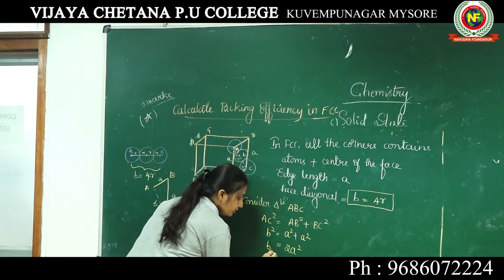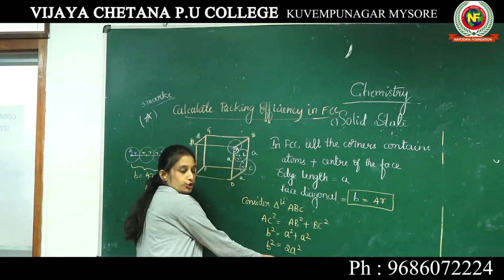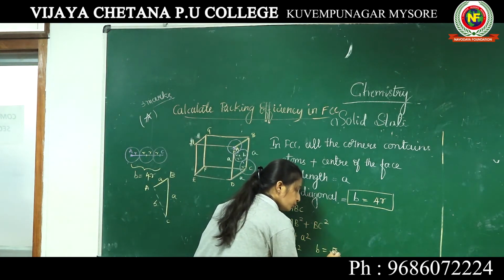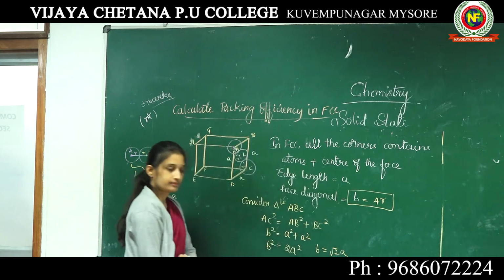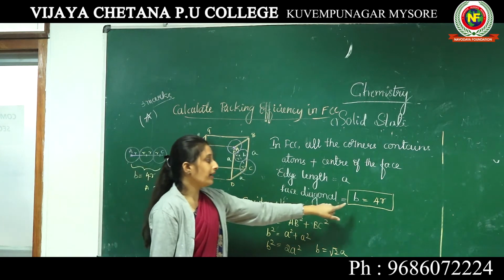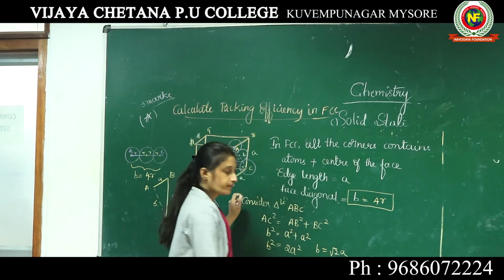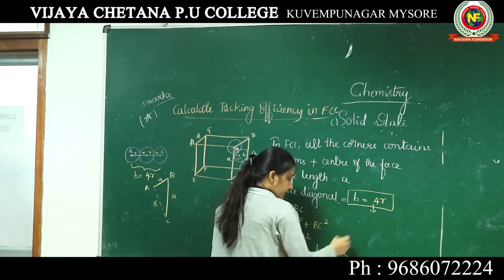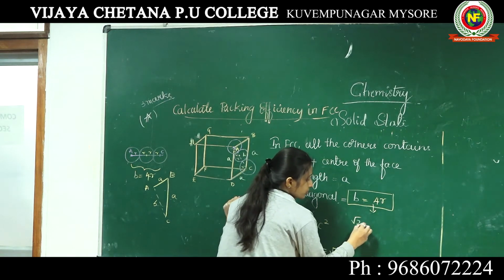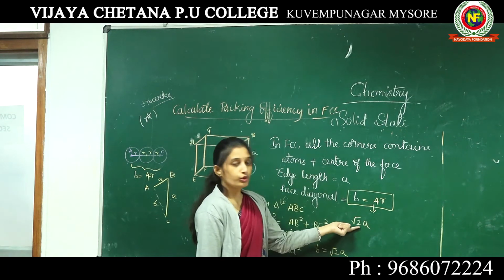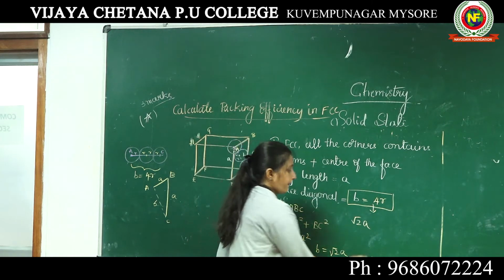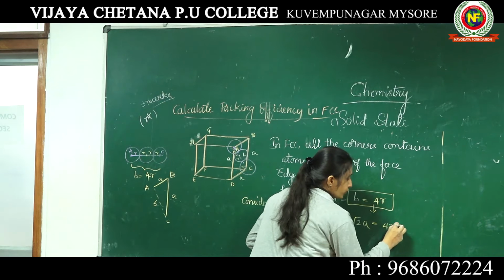What is the b value? b square is equal to 2a square. I want the b value: square root 2 a. See, we already know the b value. What is the b value here? 4R. Here, what is the b value? Root 2 a. So root 2 a is equal to 4R.